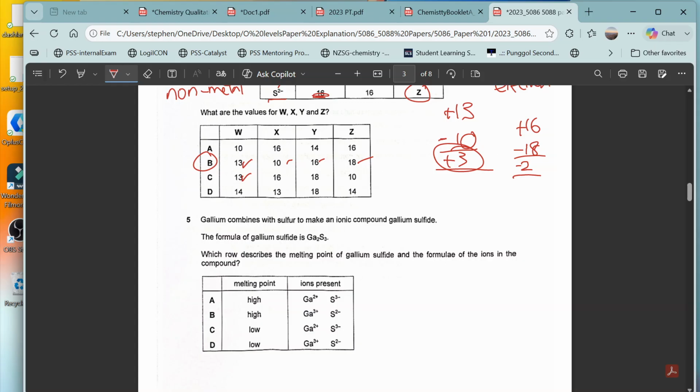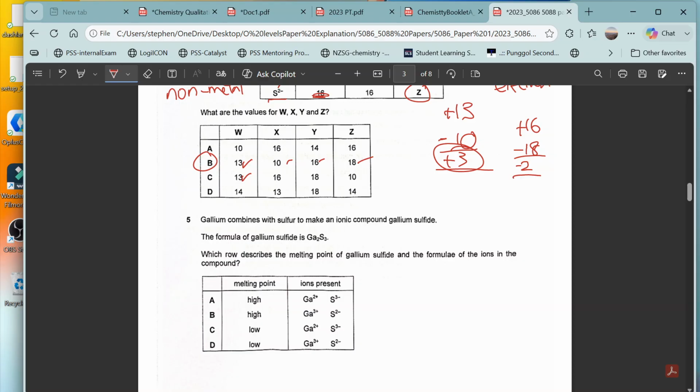Okay, number 5, gallium. Gallium combines with sulfur to make an ionic compound called gallium sulfide. You may look at your periodic table and try to find gallium. Gallium is in group 13, period 4. You are only required to know how to draw electronic structure up to calcium.